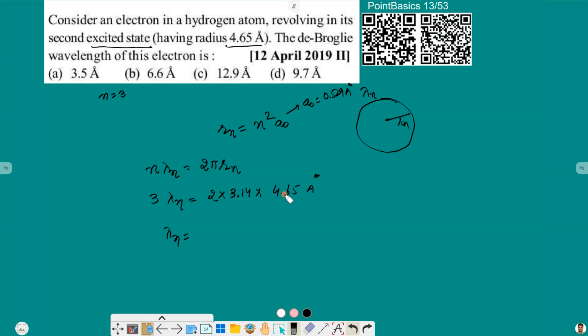So this will give us 6.28 into 4.65 angstrom divided by 3. If we cancel this, we will get 6.28 multiplied by 1.55, and that will give us approximately 9.7 angstrom. So that will be option D for us. So with this, let's move to the next one.